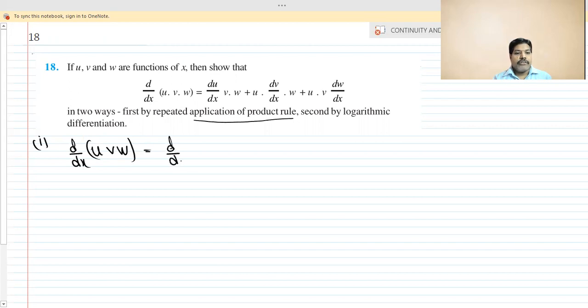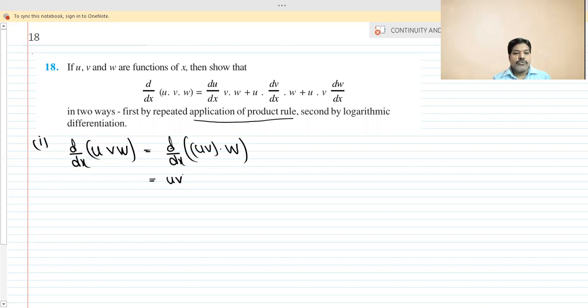I will take the first two functions as one function, into w. If you can understand, this is one function and this is another function. So you have to apply the derivative of uv formula. What is the derivative of uv formula? You already know: the first function into the derivative of the second function. What is the first function, students?